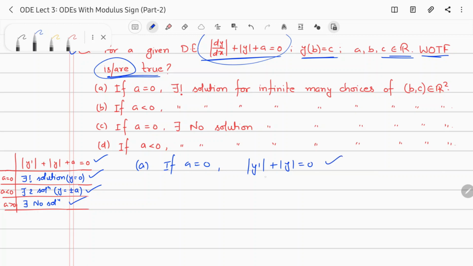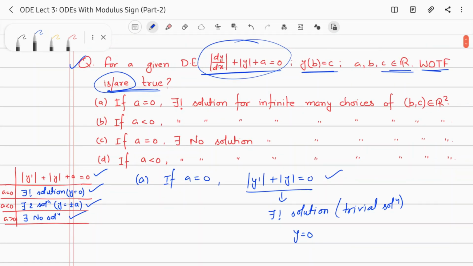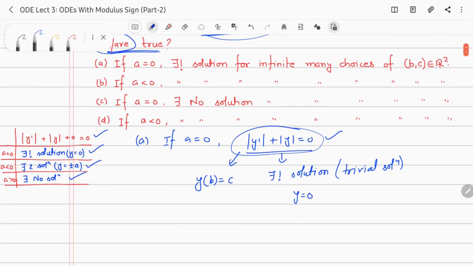In this case we have seen that there exists a unique solution, which is nothing but the trivial solution, that is y equal to 0. Now in this differential equation we are given the initial condition, that is y(b) equal to c, where b and c belong to real numbers.